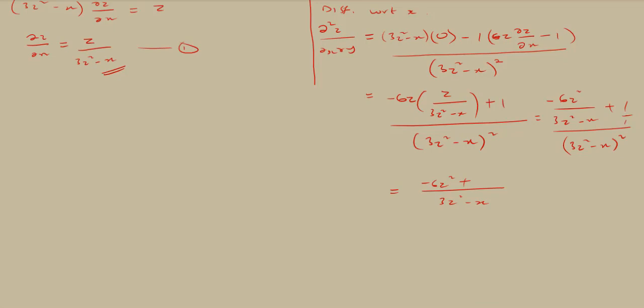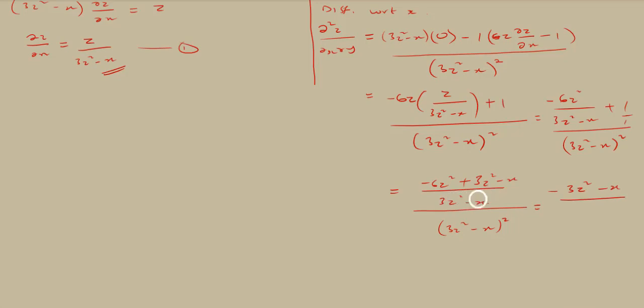Multiply by 1, I have 3z squared minus x. Don't forget everything is still over 3z squared minus x all squared. By the time you simplify the numerator here, this one will give me 3z squared minus 6z squared, plus 3z squared will give me minus 3z squared. Then I have minus 1 minus x, all over.